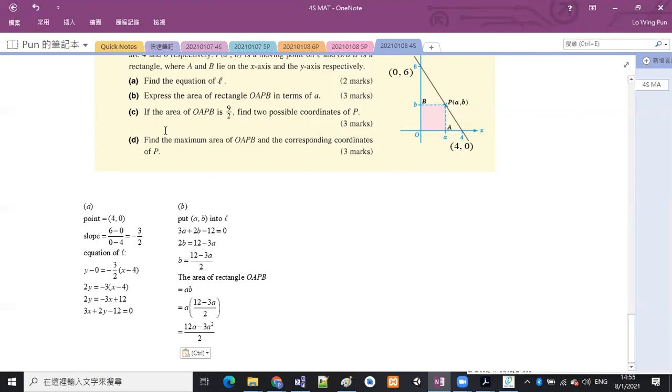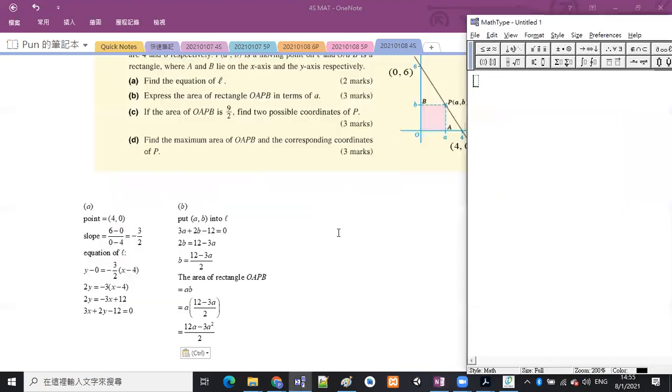Okay? And then part C. If the area of OAPB is 9 over 2, find two possible coordinates of P. This time, what information is given to you? A piece of information is given to form an equation to find an unknown. This information is about the area of OAPB, which is the one we just found. So here we put our area to be equal to 9 over 2.